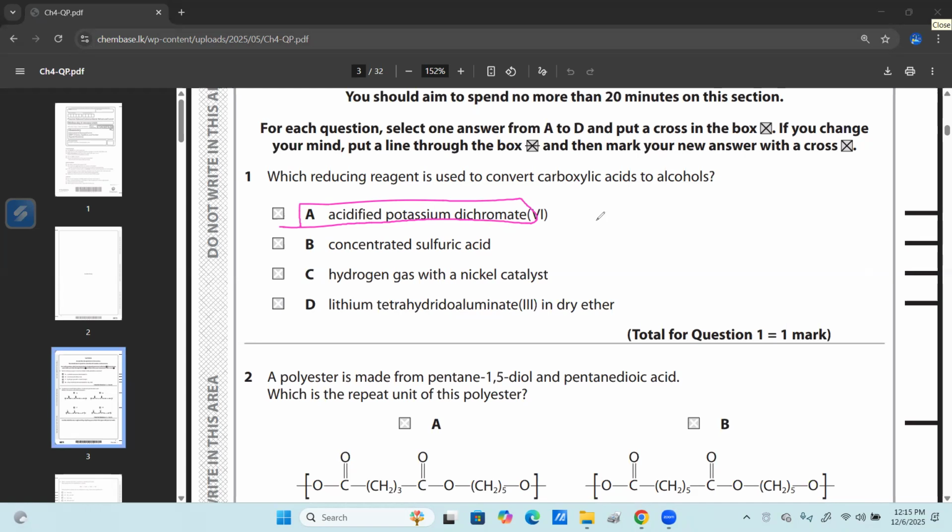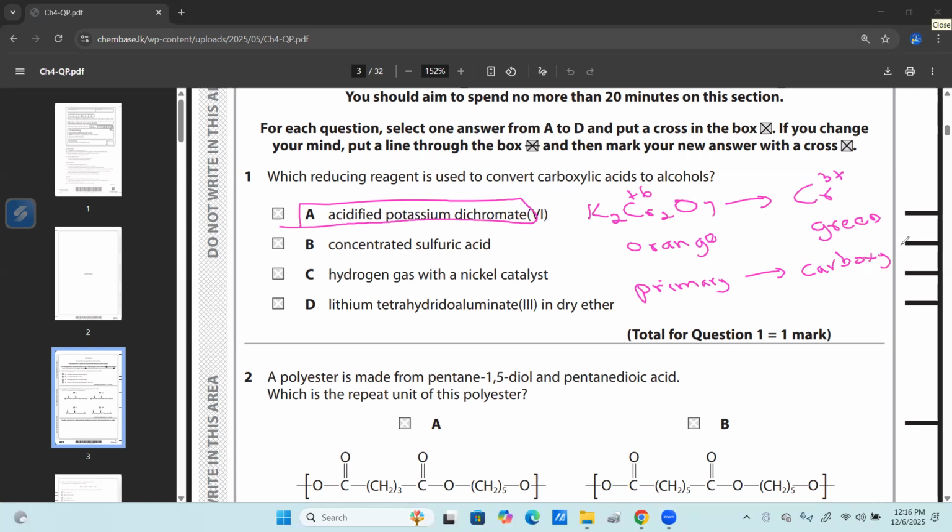So when you use acidified potassium dichromate, K2Cr2O7, it is orange in color. In that you have chromium in the 6+ oxidation state. It will be reduced to Cr3+, then you get a green solution. And then the primary alcohol will oxidize to a carboxylic acid.